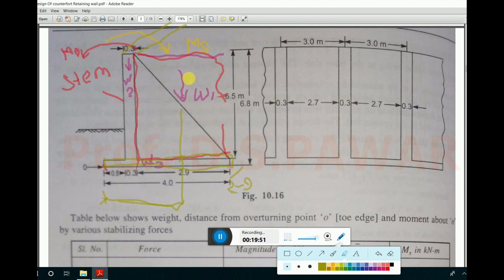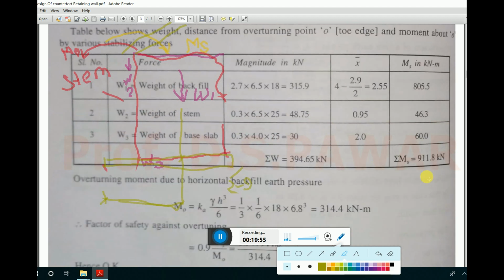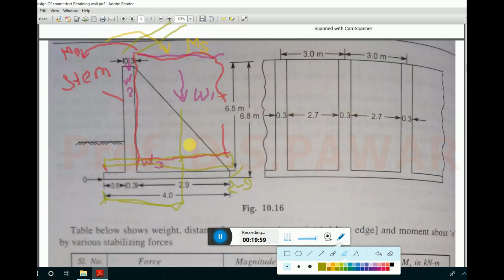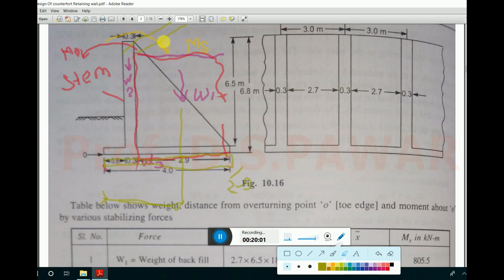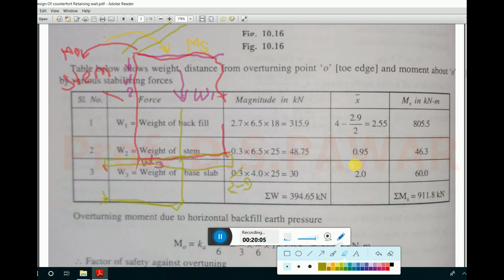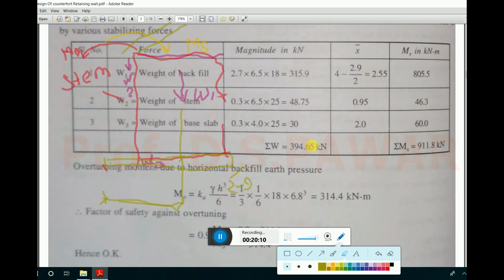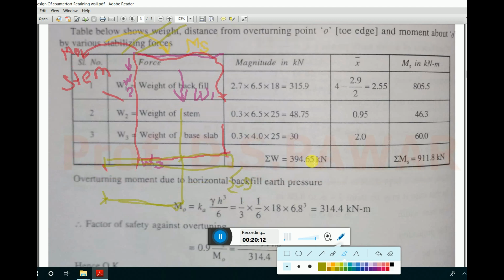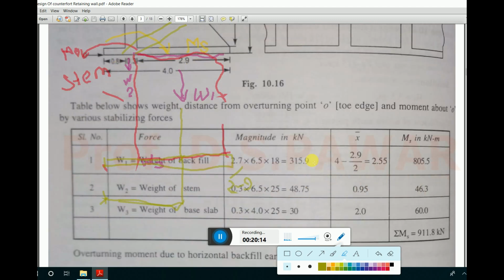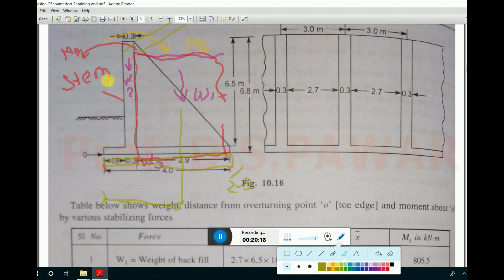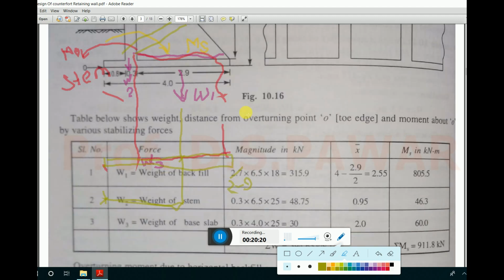The addition of all the moments due to all these forces, the total, is 111.8, and that will be the stability moment Ms about point O. The total weight of the backfill, W1 plus W2 plus W3, will be 394.65. So this is how to calculate the overturning moment and sliding moment for a counterfort retaining wall.